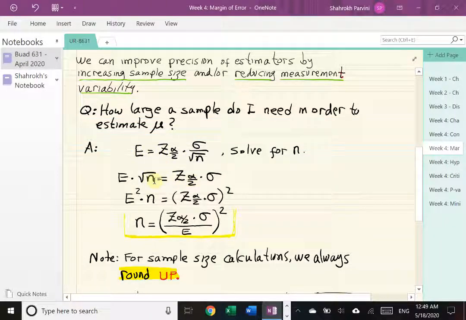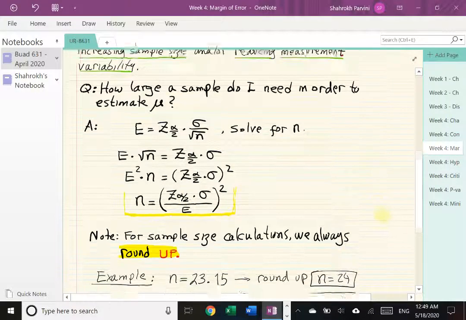Then I squared both sides to get rid of the radical. Then I divided both sides by E squared. Because Z and sigma are both squared, I put Z sigma over E in parentheses, the whole thing squared. And there you go, that's the formula for the sample size.